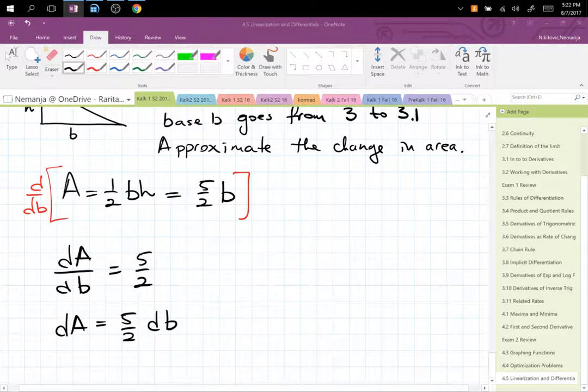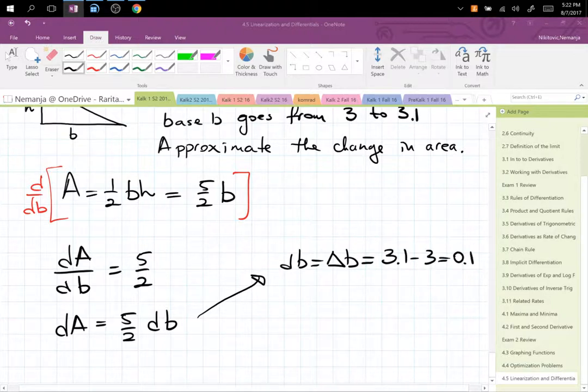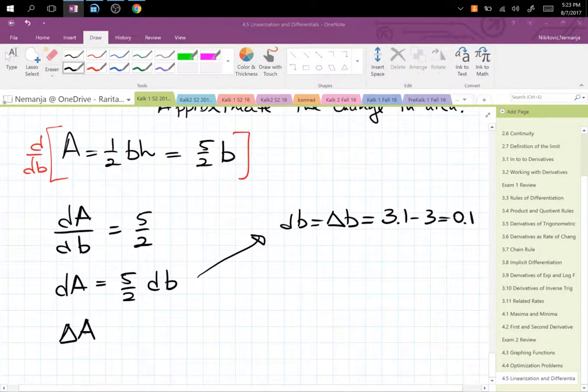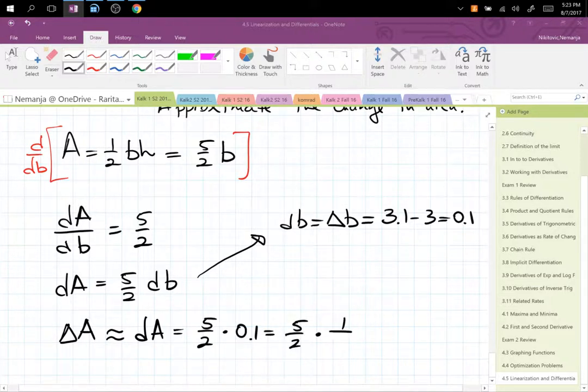Now observe that this dB is the same as delta B, and delta B is 3.1 minus 3, which is 0.1. So the change in area is approximated by dA, which is equal to 5/2 times 0.1, which is 5/2 times 1/10. These guys cancel, and you get a quarter.